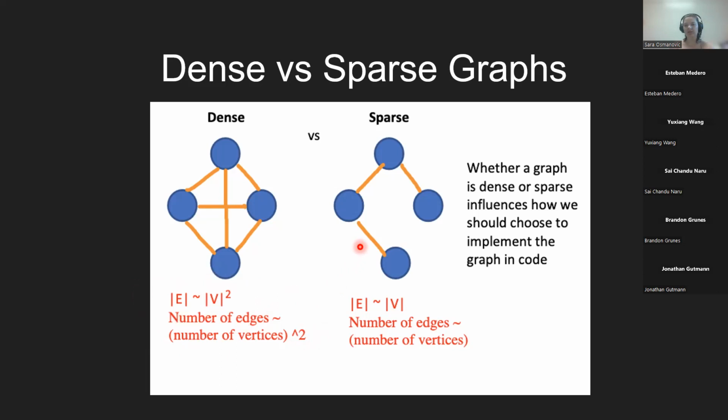In a sparse graph, you have very few edges, so the number of edges is going to be proportional linearly to the number of vertices. These two properties will influence what structure you choose to implement a graph when you're programming it.